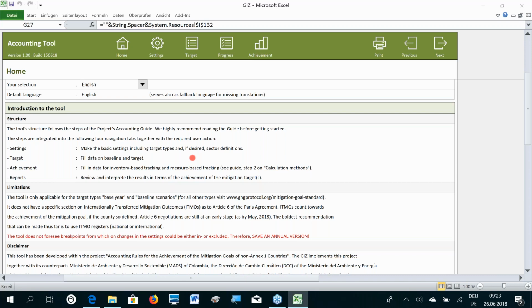Having said this, I've mentioned already some crucial parts without exposing them directly, which I want to do now. This tool is only applicable to a specific type of NDC mitigation targets. It's only applicable to targets that are in reference to a base year, that are quantifiable in terms of tons of CO2 equivalents, and it's also only applicable to mitigation targets, as I said.